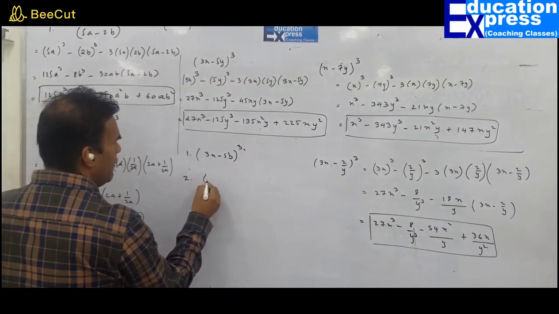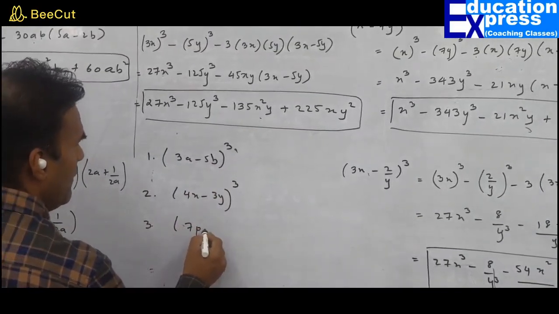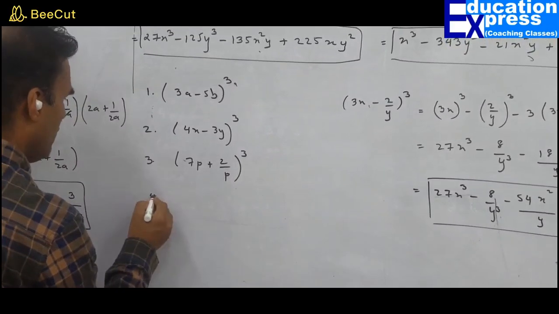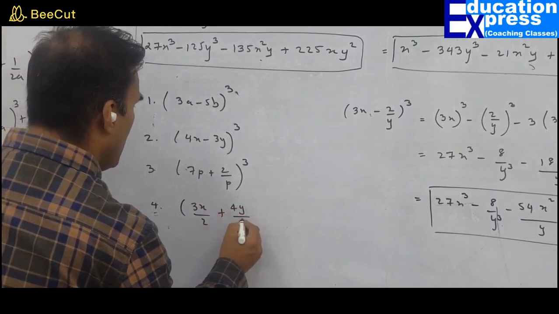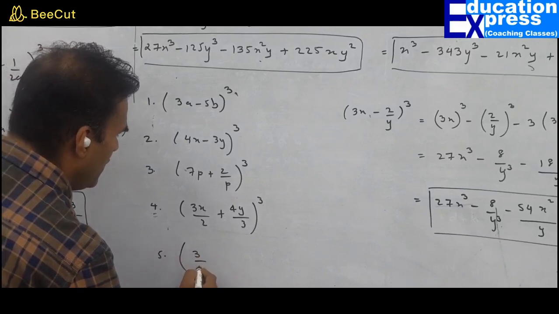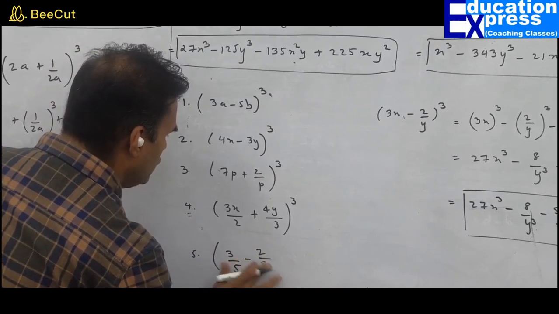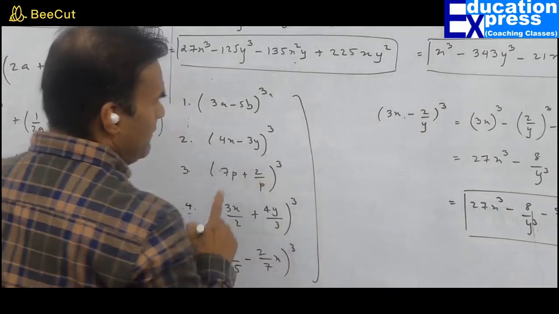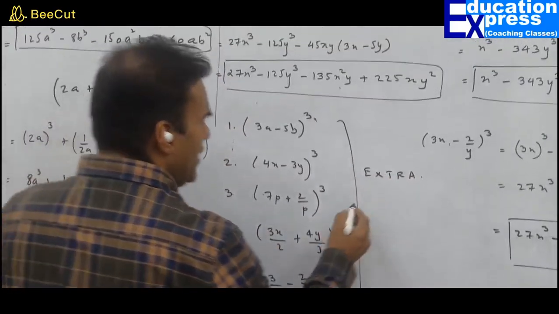Please copy it down. 4x minus 3y the whole cube, 7p plus 2 upon p the whole cube, 3x upon 2 plus 4y upon 3 the whole cube, and finally 3 upon 5 minus 2 upon 7x the whole cube. These 5 questions are extra questions for practice in addition to the entire exercise.